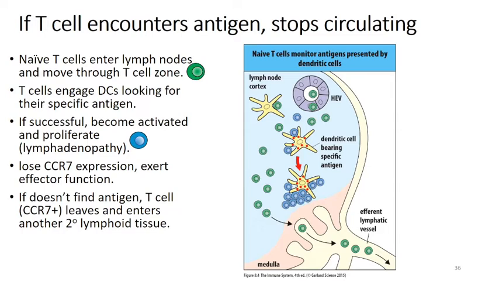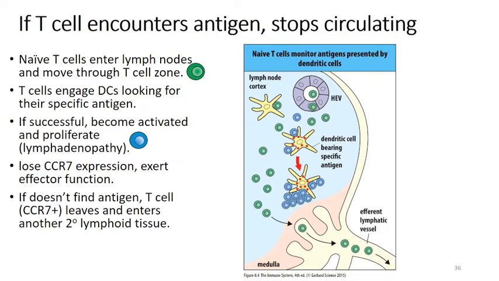And hopefully they will have an appropriate T cell receptor. If they encounter that antigen on the surface of the dendritic cell, they become activated, those T cells proliferate, and you get swollen lymph nodes. That's relevant.